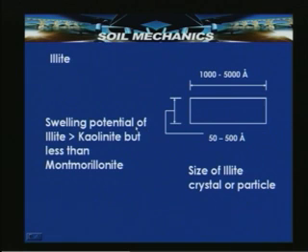The swelling potential of illite will be greater than kaolinite, but less than montmorillonite. So, if you look into it, the kaolinite clay mineral has a larger particle size than illite and montmorillonite, and the swelling potential of montmorillonite is very high compared to illite and kaolinite.